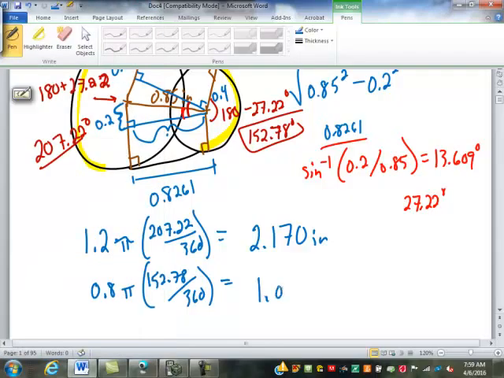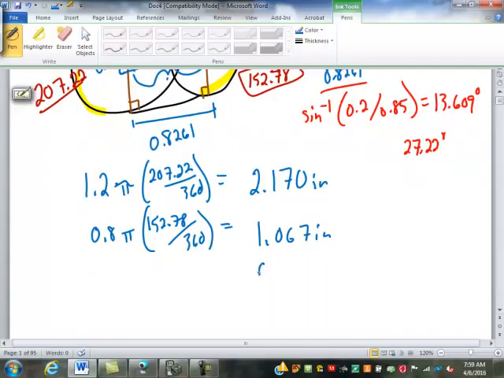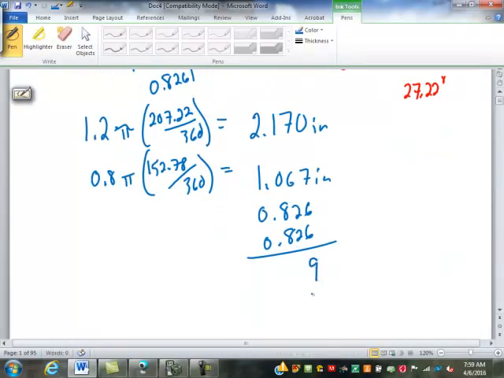That gives us 1.067 inches. And to that, I'm going to add the 0.826 and another 0.826, which will give us 4.889 inches as my perimeter.